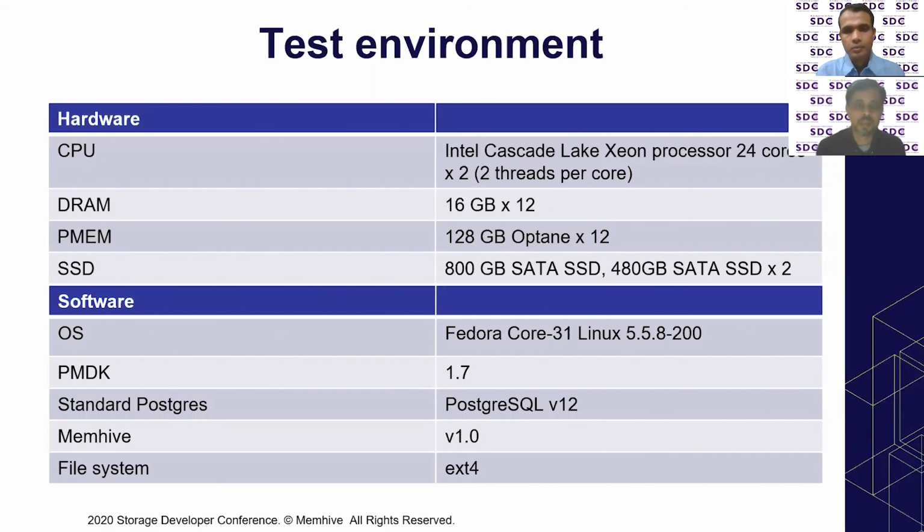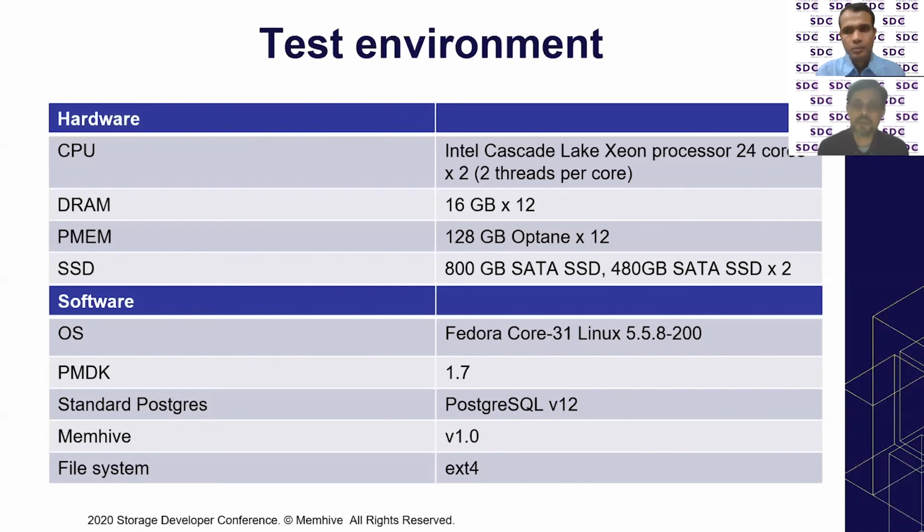Similarly, with persistent memory, we have 128 gigabyte Optane modules, populated 6 per socket. Now, at this point, I would like to mention one more important point about the Intel scalable family Optane, which has modules starting at 128 gigabytes and going all the way up in size per module.